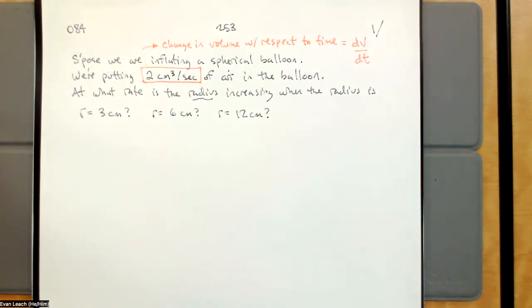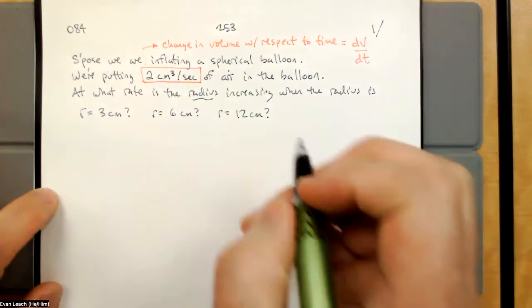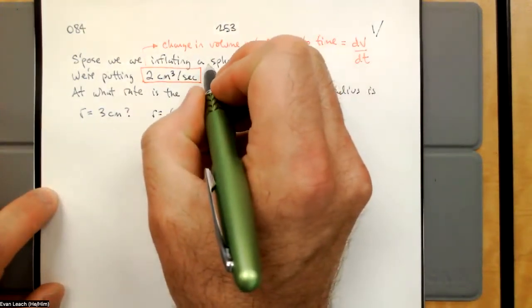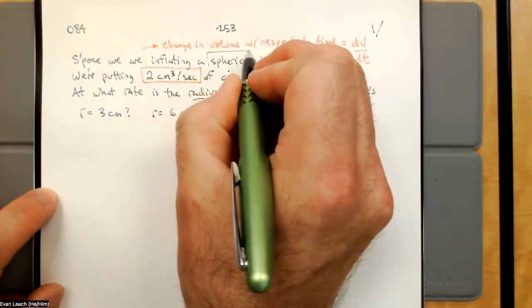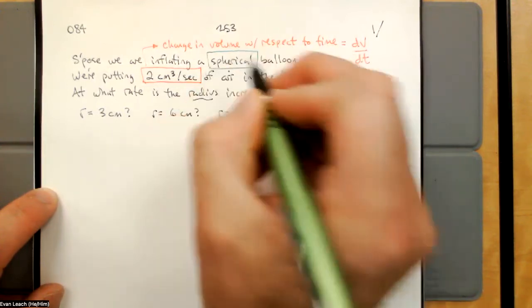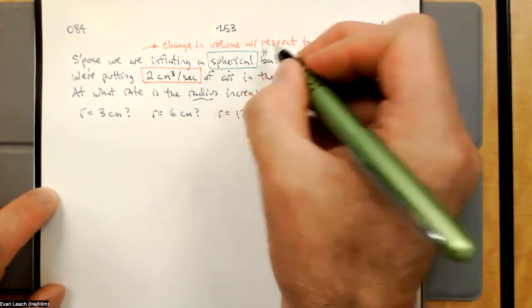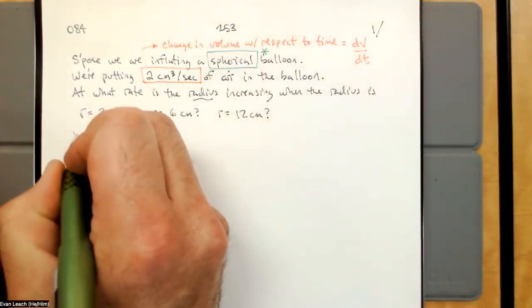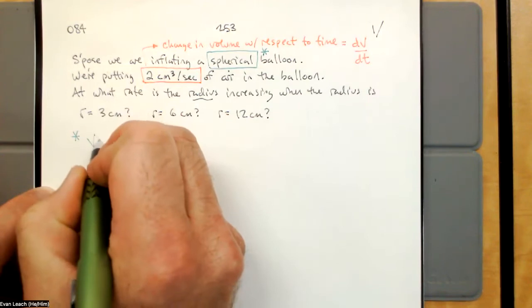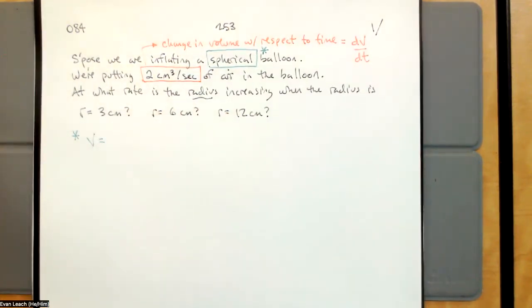The next thing that we notice is that we've got this spherical balloon. So that's giving us something about a shape. Apparently, our shape is a sphere.